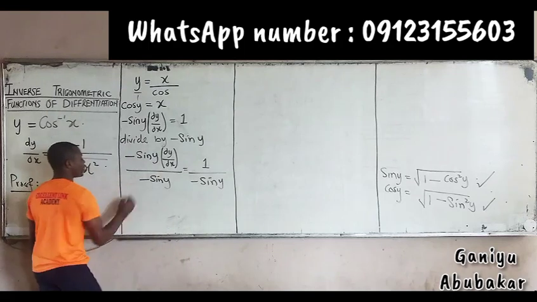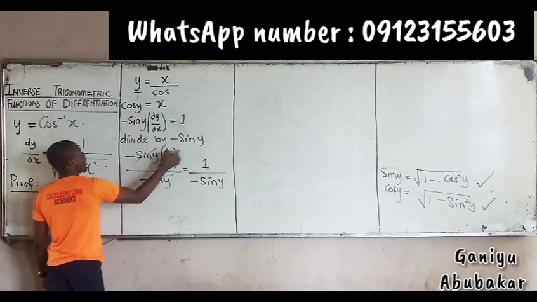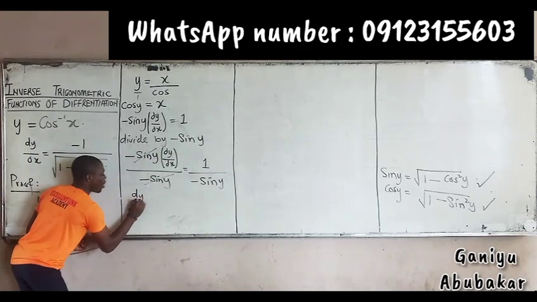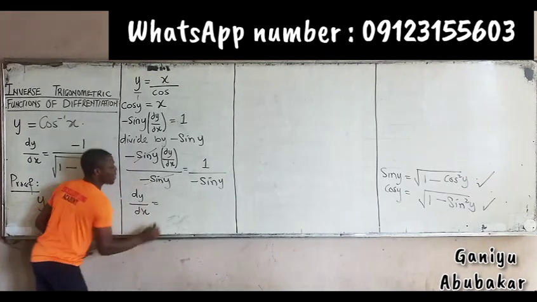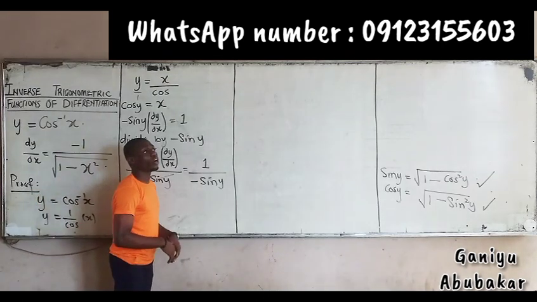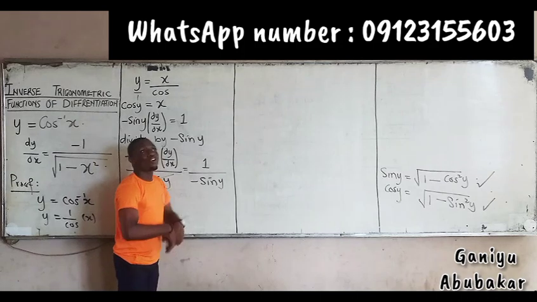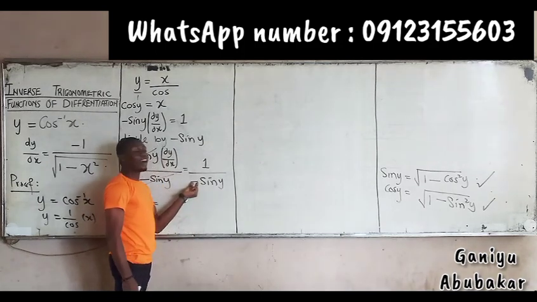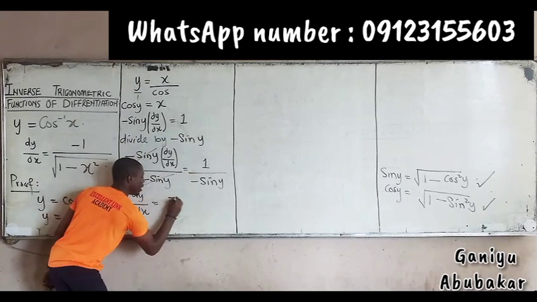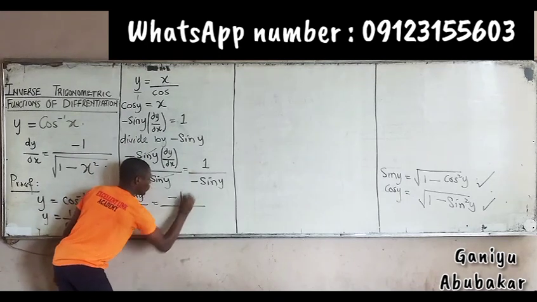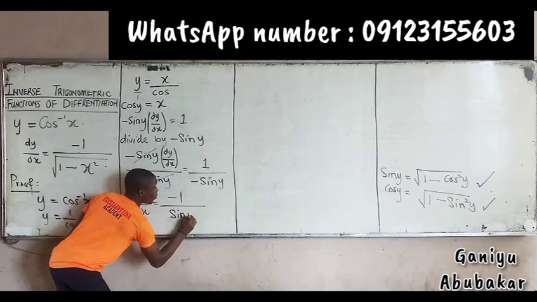Of course, this cancels out this, and I'm left with dy over dx. In mathematics, it is not correct to put a negative as denominator, so shift it here as numerator. I'll have negative 1 all over sin y.